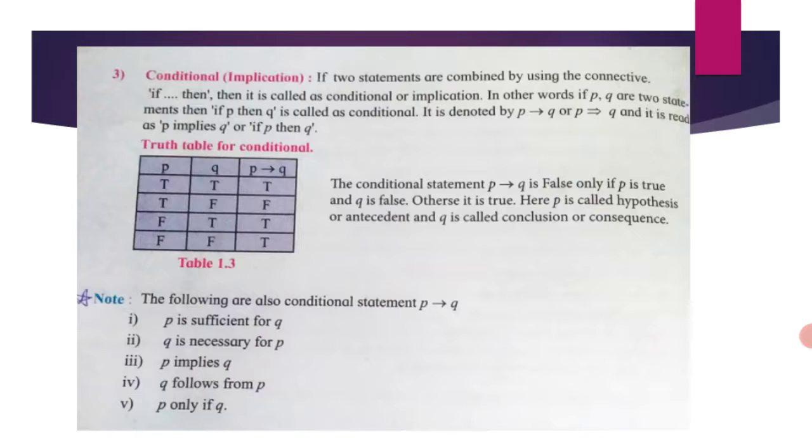Otherwise it is true. Here P is called the hypothesis or antecedent, and Q is called the conclusion or consequent. So if the sequence of P to Q is T and F, then and only then P implies Q is false.